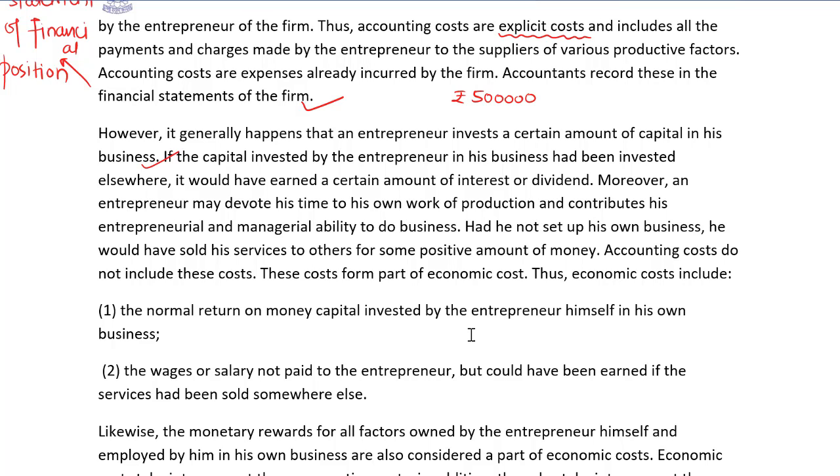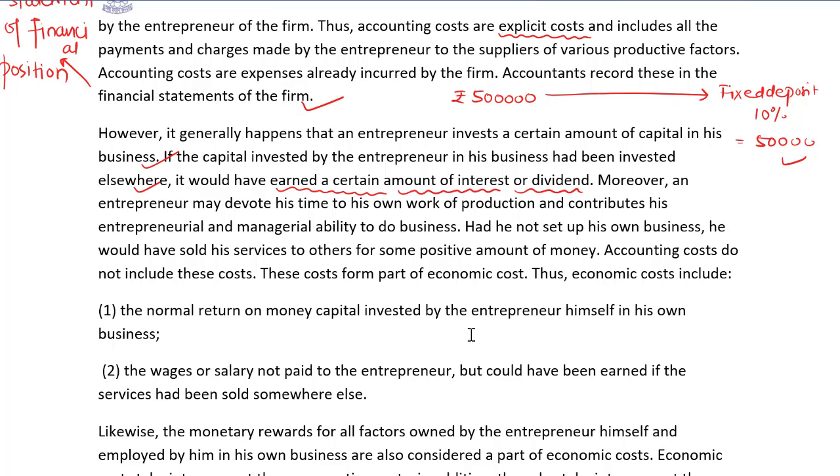That means, supposing he had not invested this 5 lakh rupees in his business and done a fixed deposit of 5 lakh rupees at the rate of 10%, he must have received 50,000 rupees per year as interest on those 5 lakh rupees. If the capital invested by the entrepreneur in his business had been invested somewhere else, it would have earned a certain amount of interest or dividend.